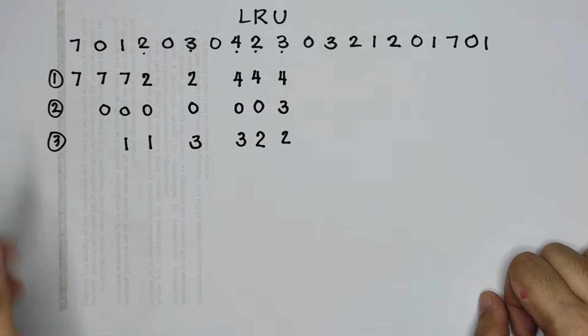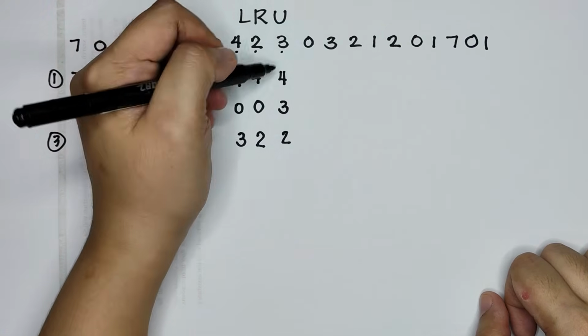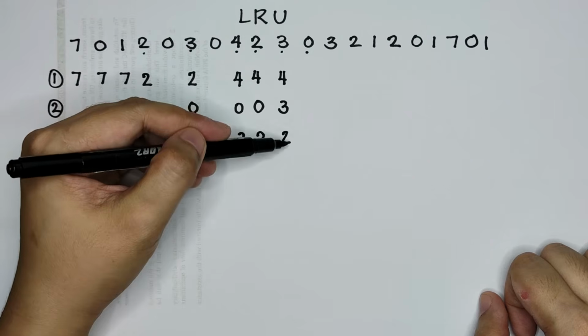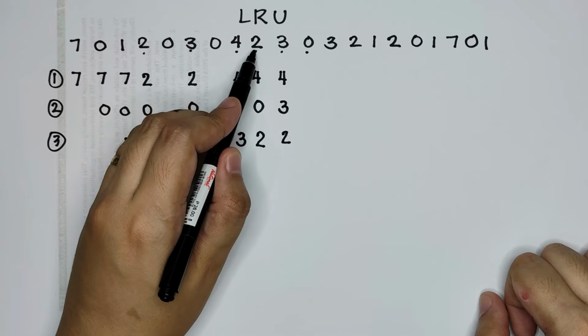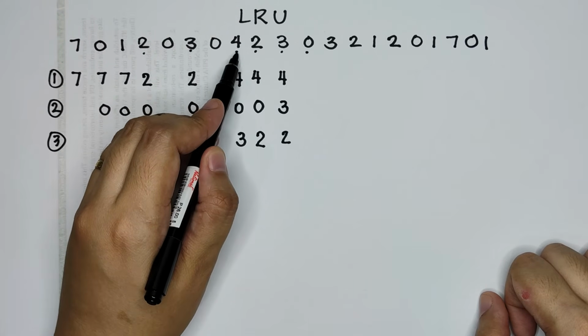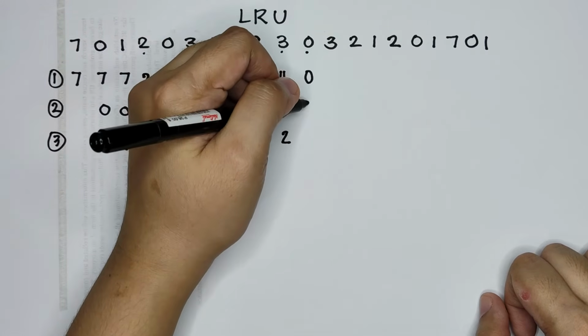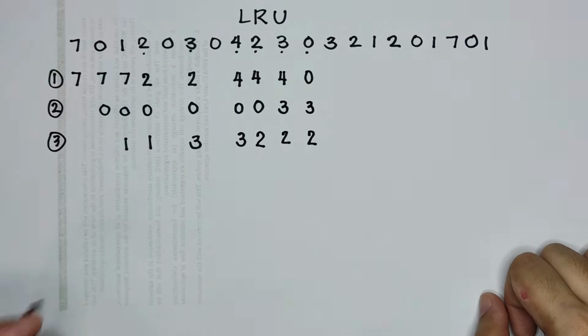Okay, next is we have 0. So 0 is also not in any of the page frames. So 432. Since 4 here is the least recently used among the 3, replace 4 with 0 and just copy 3 and 2.